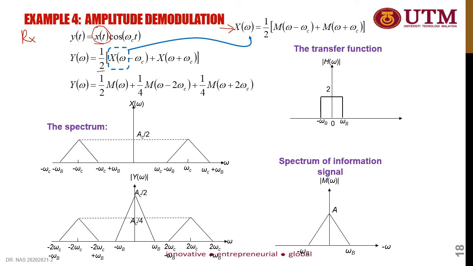Now the modulated signal is being demodulated by the carrier signal. The equation can be further expanded, and the output signal you get is this, in which we have 1/2 M(omega), which is M(omega minus 0) here, and then at negative omega_c and positive omega_c, with positive 2 omega_c and negative 2 omega_c as the center frequencies.